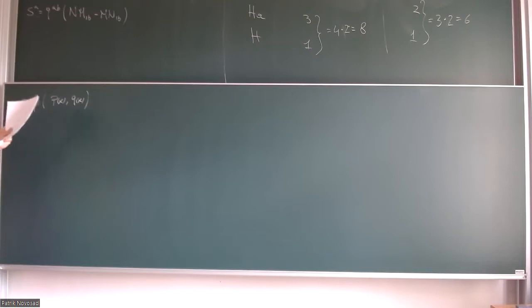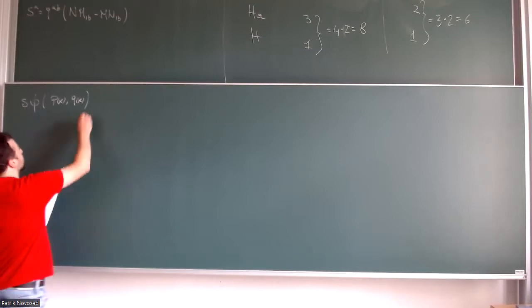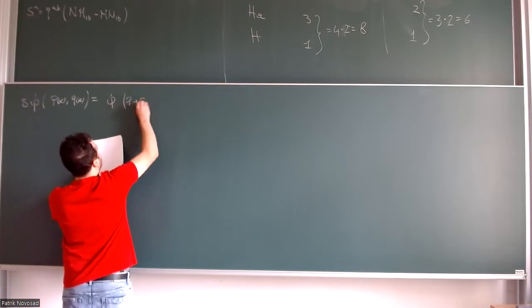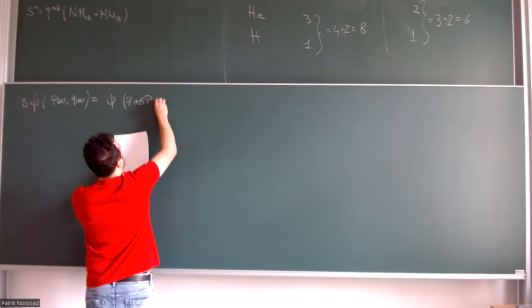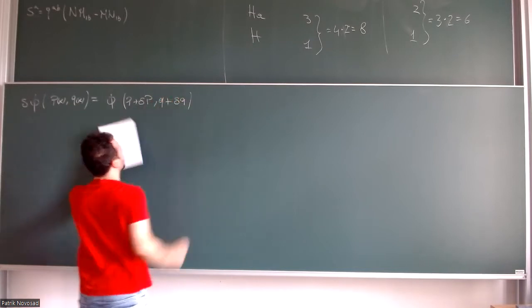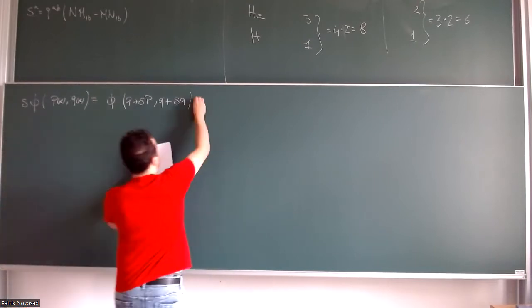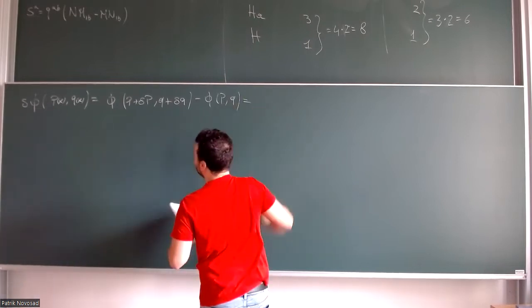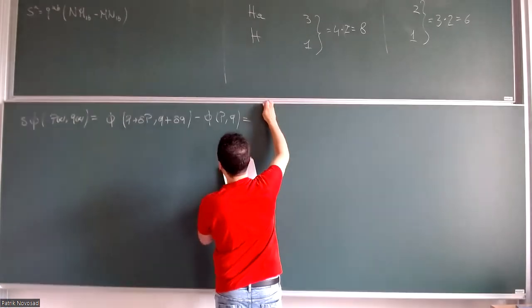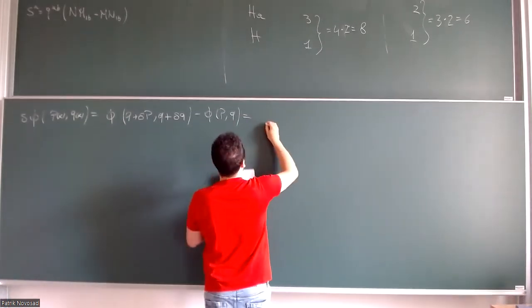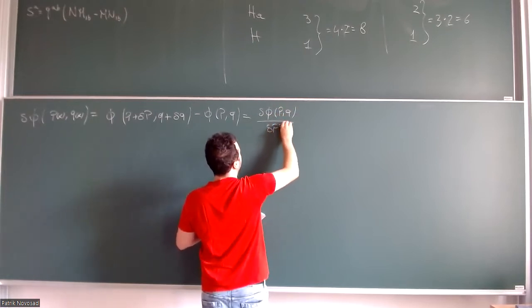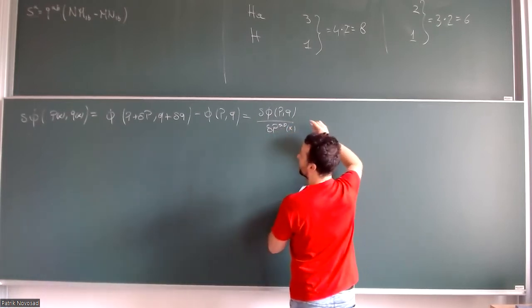I just write p and q omitting x, and this is defined as Φ of p plus delta p and q plus delta q, of course evaluated at the same point x. And this is, of course, delta Φ. I want to stress it.